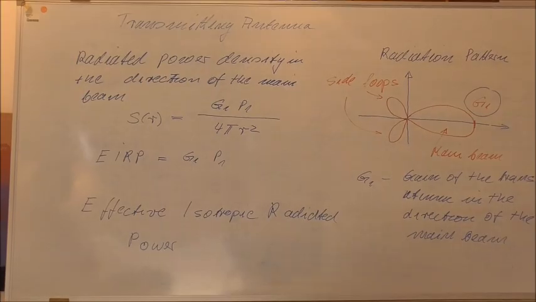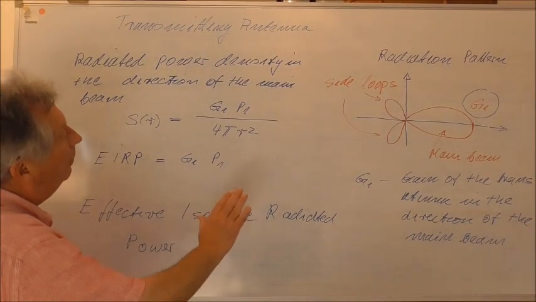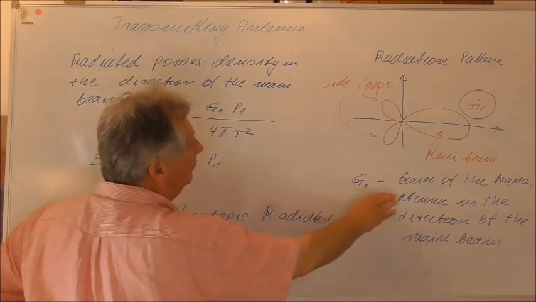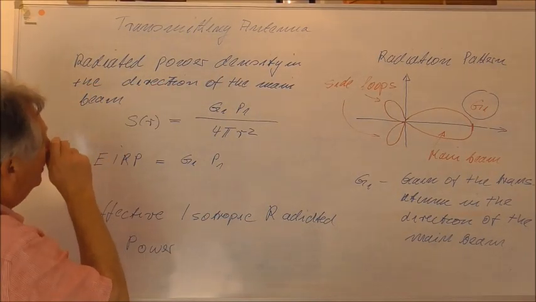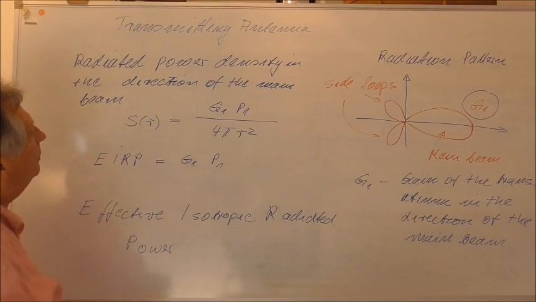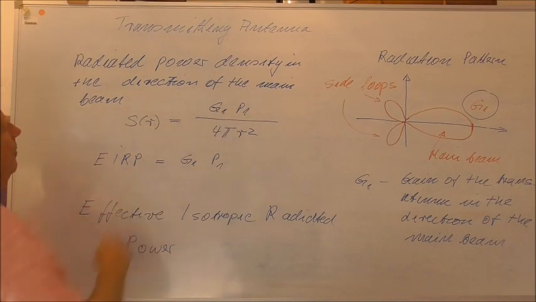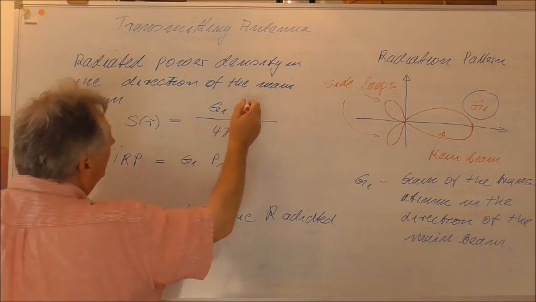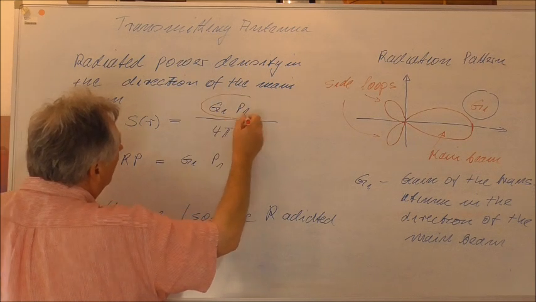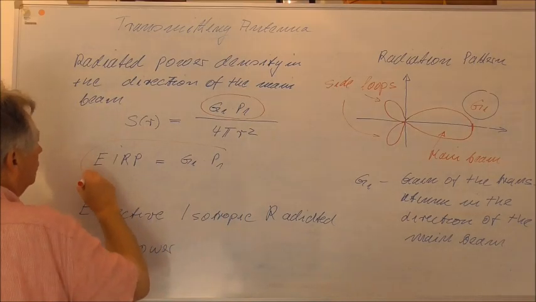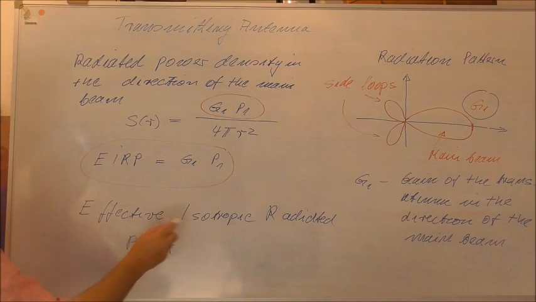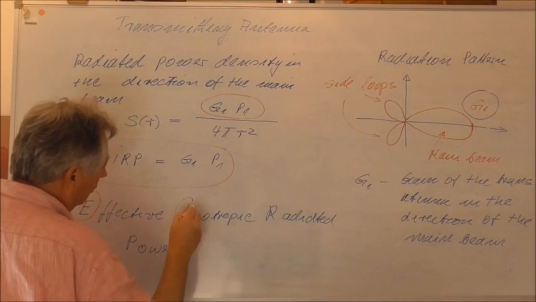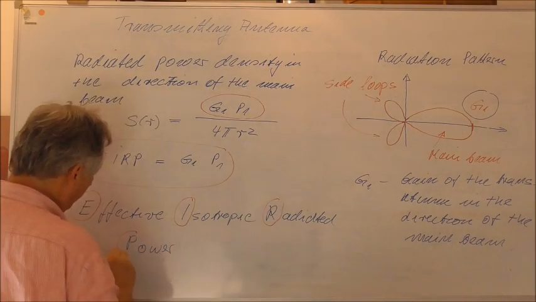As I already explained before, in the direction of the main beam we have a certain gain, and so we can say that the radiated power density in the direction of the main beam is given by this expression, and here we have the product G1 times P1, which is normally termed EIRP, which comes from the words effective isotropic radiated power.